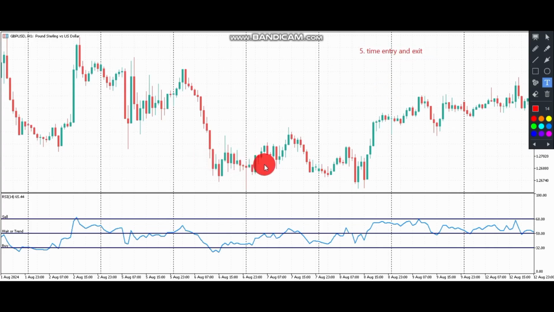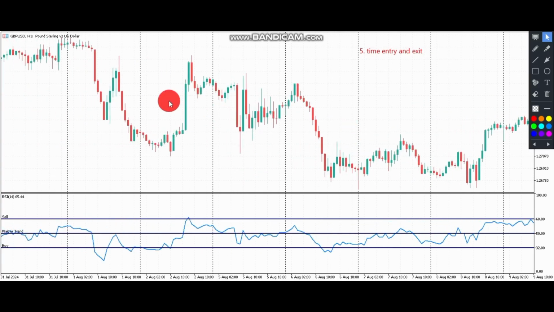Now look at it quickly. Look at what I mean. Now we're selling, right? We began to sell at this particular place, down to this place. When we saw a change of direction here, we closed it and bought. Then we also sold downward here.